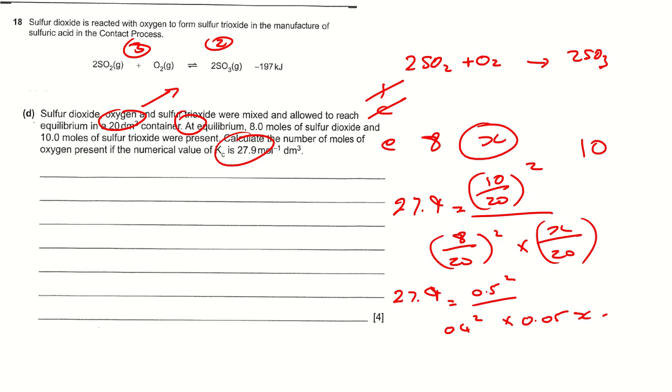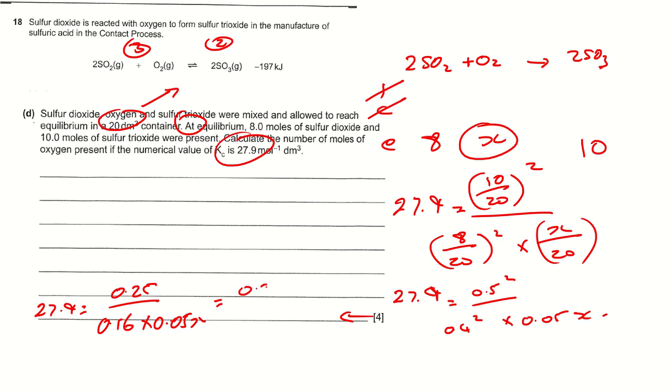Okay, so let's do that. My top line then, because I'll just move over here. So 27.9, 0.5, I'm going to get rid of all my squares. Okay, 0.4 squared is 0.16, so 0.16 multiplied by 0.05x. So I'll just solve the bottom line, 0.05.